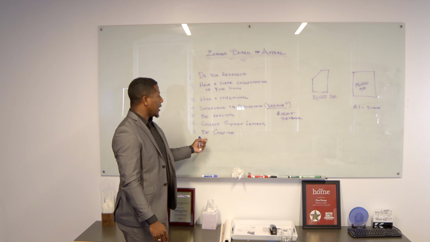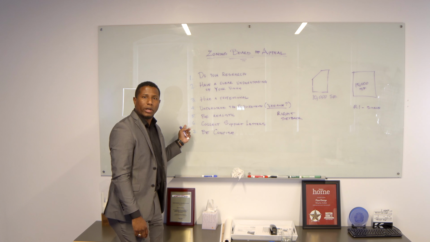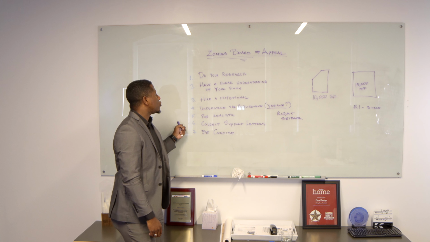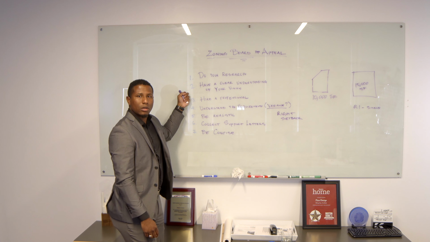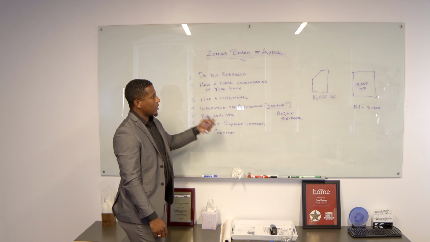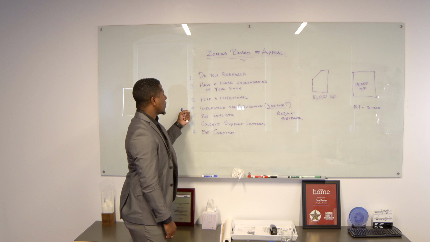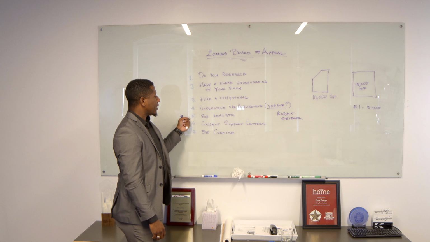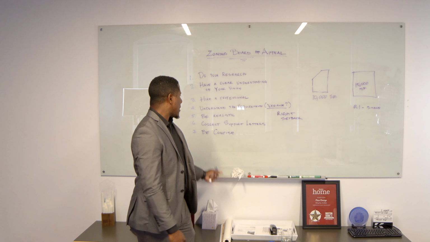And you cannot be concise if you don't follow these points and these steps. Make sure you do your research, you have a clear understanding of your vision, you hire a professional who will be able to tell you what you don't comply with, understand the requirements, be realistic, get support letters from your neighbors, and be concise.